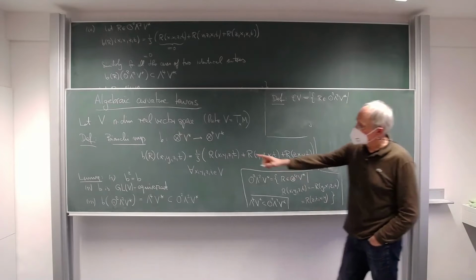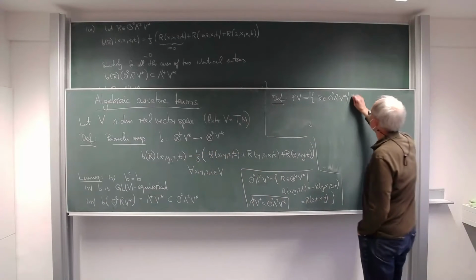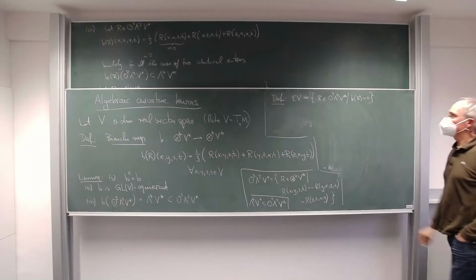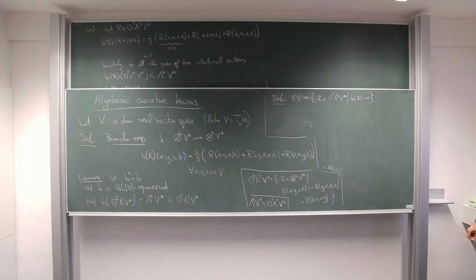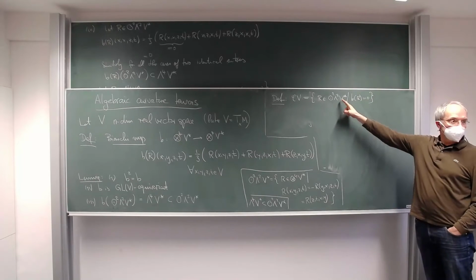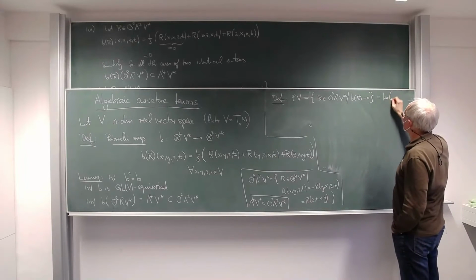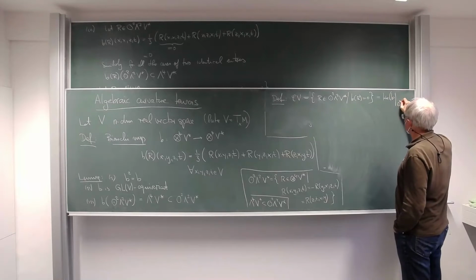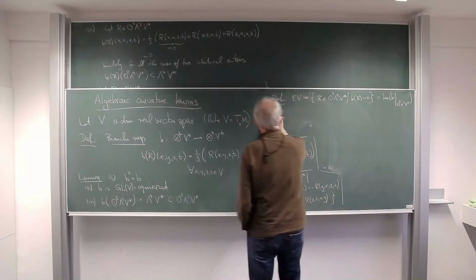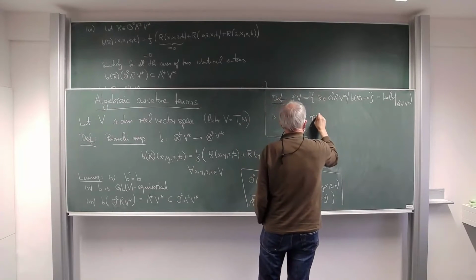And in addition, it should lie in the kernel of B so that the Bianchi identity is satisfied. Right? So in other words, it's the kernel of the Bianchi map restricted to this subspace. And this is called the space of algebraic curvature tensors.